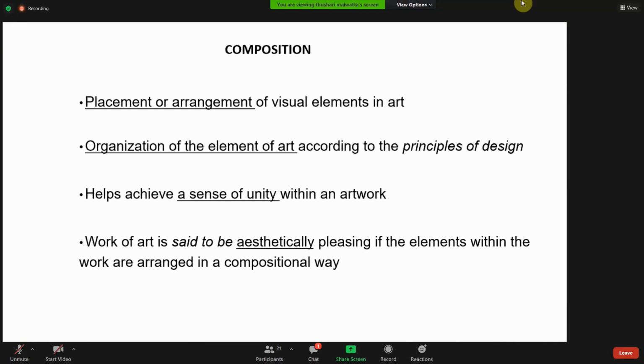The organization of the elements of art according to the principles of design helps achieve a sense of unity within an artwork. A work of art is said to be aesthetically pleasing if the elements within the work are arranged in a compositional way. You will understand this if we think about music composition.